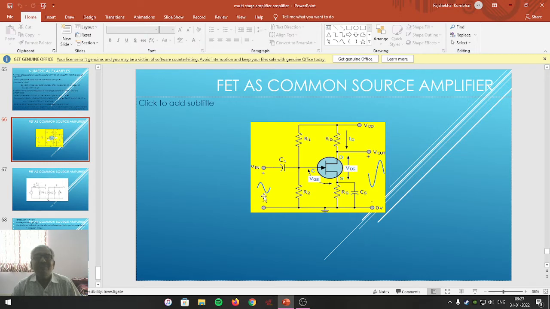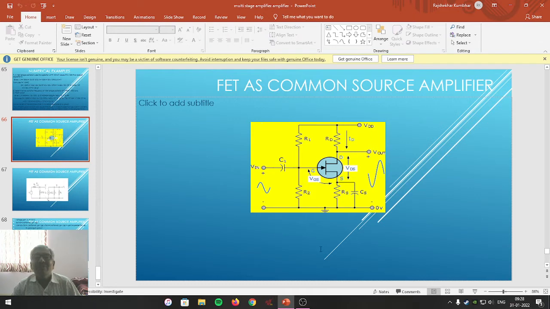With this aspect, a small change in input voltage produces the proper gate current, as the gate and source is reverse biased, at the cost of which more channel width gets created, and as the drain and source is forward biased, it will allow a large number of charge carriers to pass from source to the drain, and that will flow through the load resistance RD or RL, which will develop the output voltage across drain and that of the ground or source.